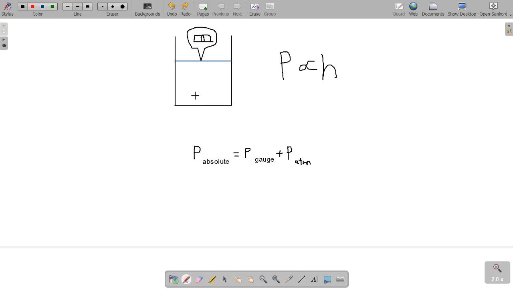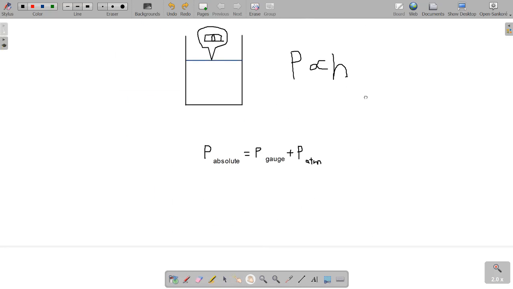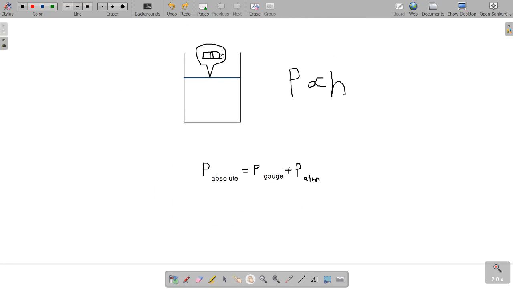So the absolute pressure here at the water surface is 101,325 pascals plus whatever reading is here.